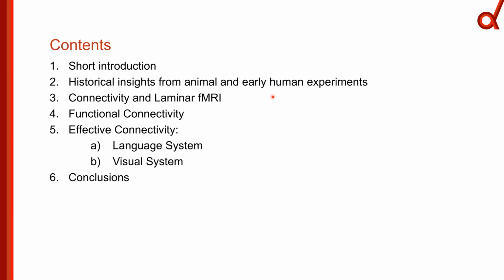And I'll follow the Carl Friston doctrine of splitting connectivity into functional and effective connectivity, and give two examples at the end of studies which show some measure of effective connectivity in the language and the visual systems.